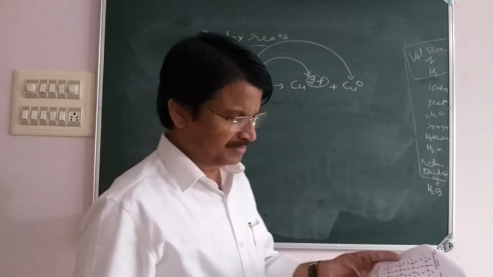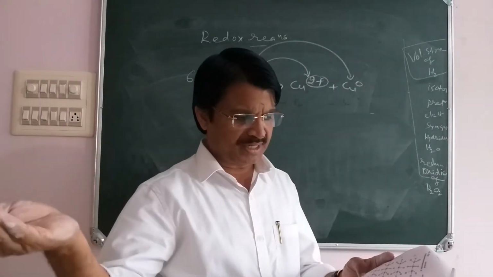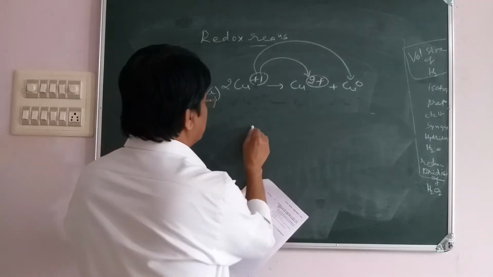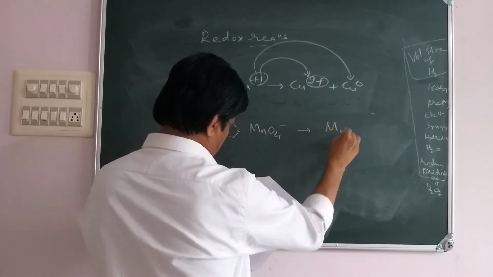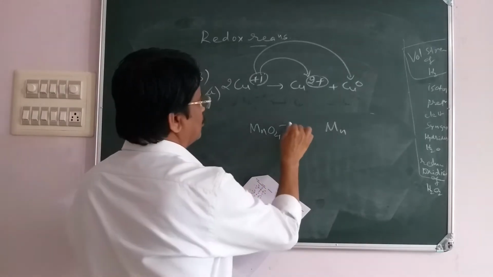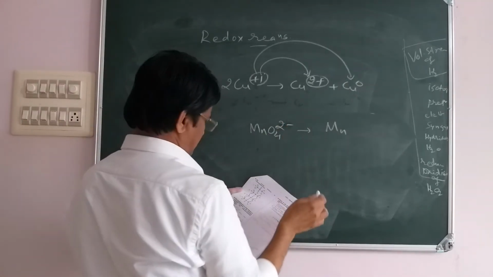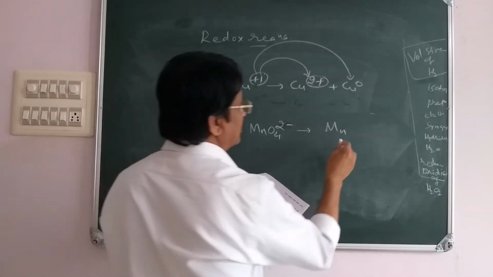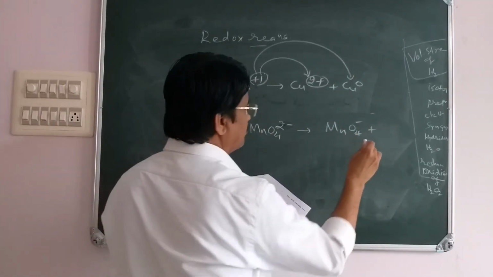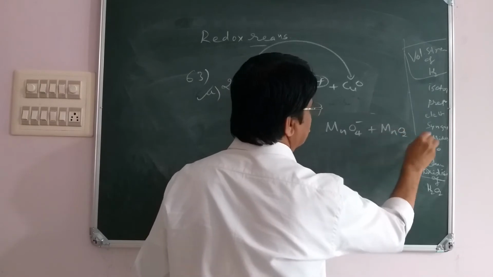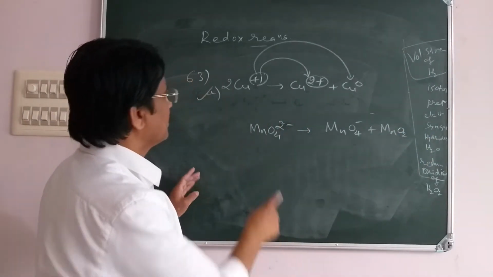3 MnO4 2 minus gives MnO4 minus and MnO2. Again you check here.